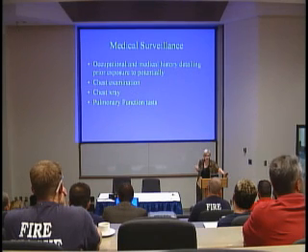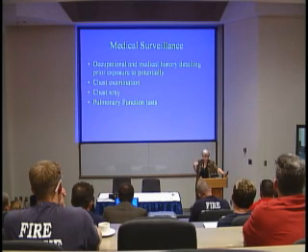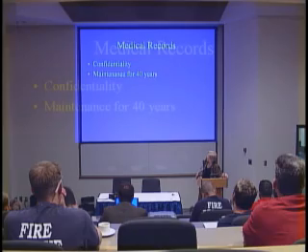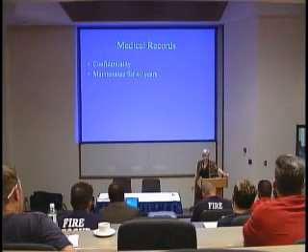So I just leave it open to you that it might be reasonable to get a baseline breathing test and chest x-ray. The other is any time that we do a medical surveillance program, the records are kept confidential, and by law we have to maintain them for 40 years. And why the 40 years? Because it takes 40 years to get a lot of the problems in the lungs with the asbestos.